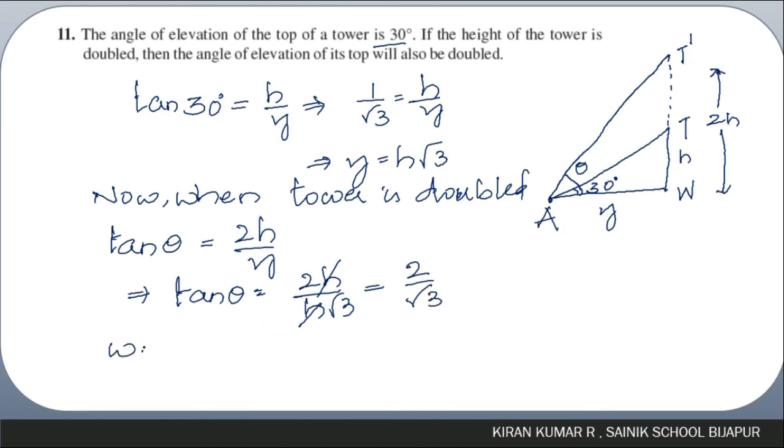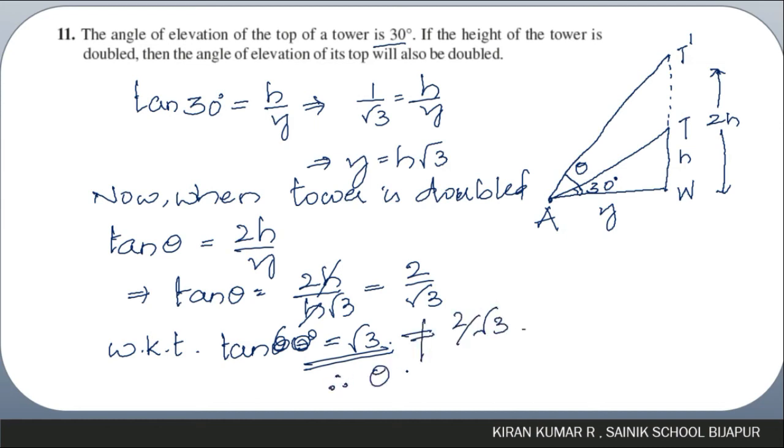We know that tan 60 degrees is root 3. Here you observe it is 2 by root 3. Root 3 and 2 by root 3 are not equal.